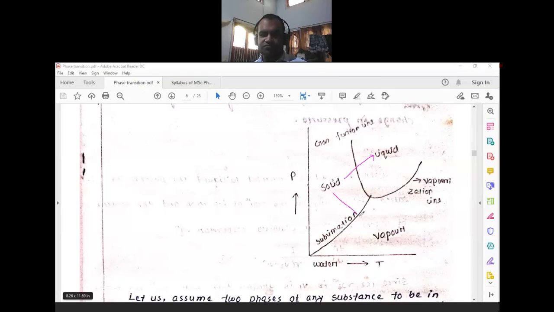Sublimation is the conversion of solid to vapor. And the third one is the vaporization curve, that is the conversion of liquid to vapor. So each curve separates distinct phases: solid to liquid, fusion; liquid to vapor, vaporization; and solid to vapor, sublimation. These things will be required in a while.